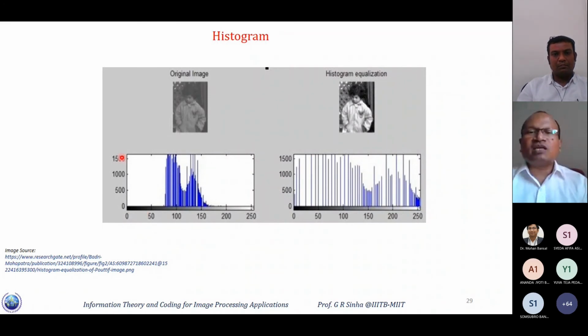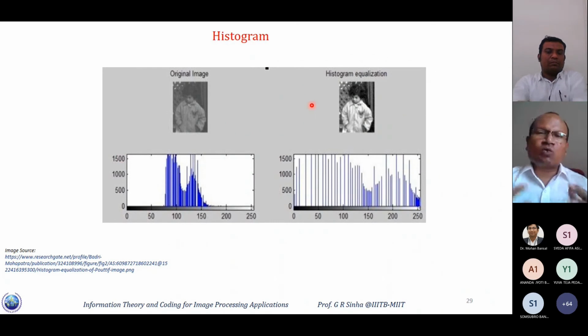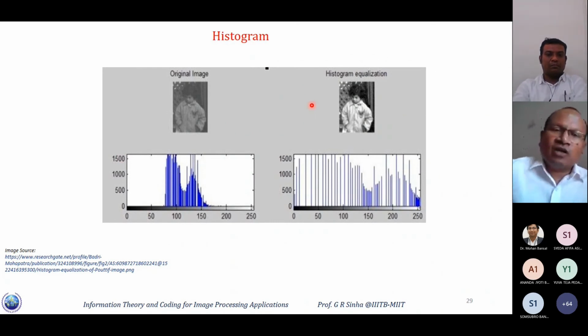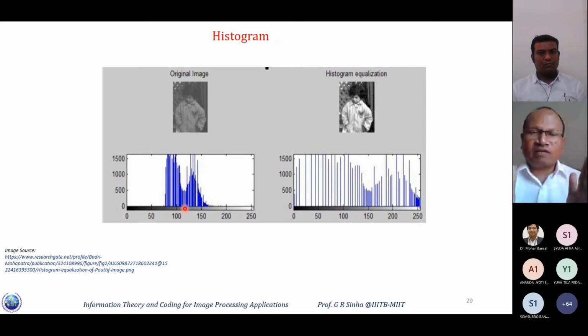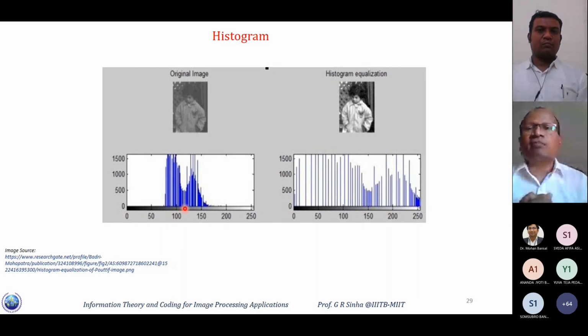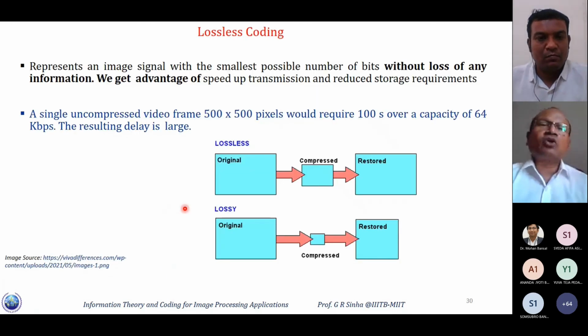You see here, the second picture is looking brighter, and therefore your histogram is widened. It's almost looking uniform, whereas in the first picture, your grayscale values, your pixel values are centered at a particular point. So the distribution is indicated by your entropy value.